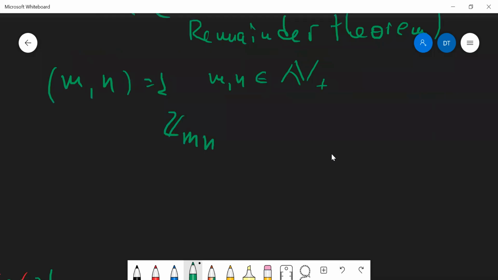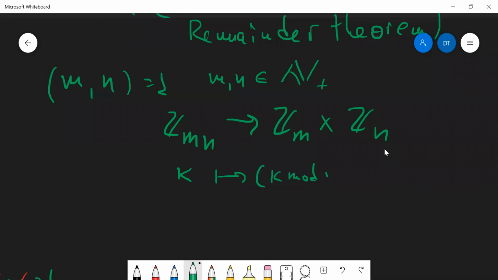a map from Zmn to the product of Zm and Zn, given by the rule that the remainder k goes to the pair (k modulo m, k modulo n), is an isomorphism.